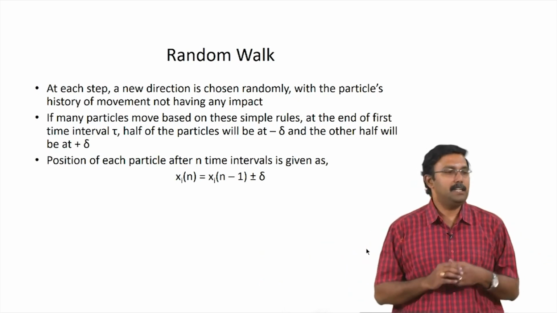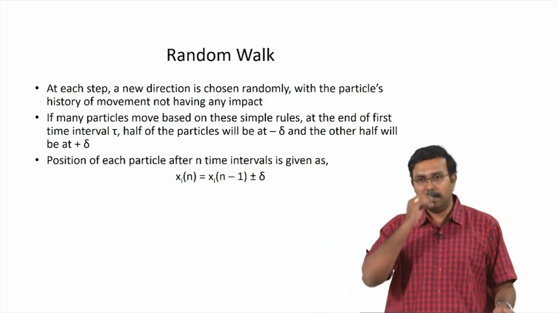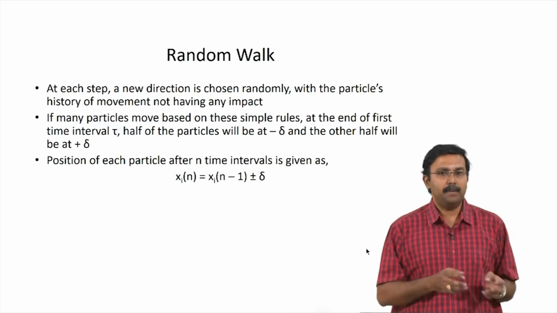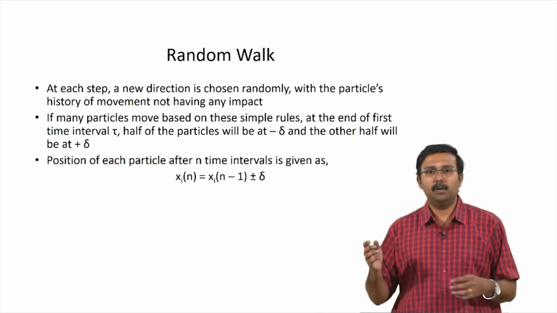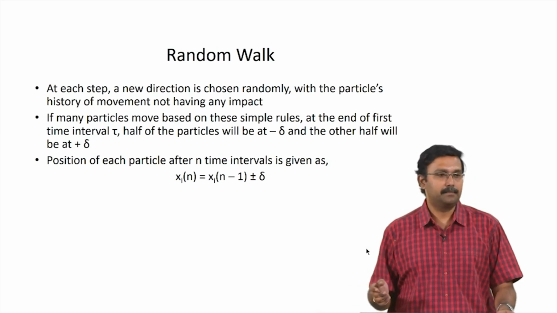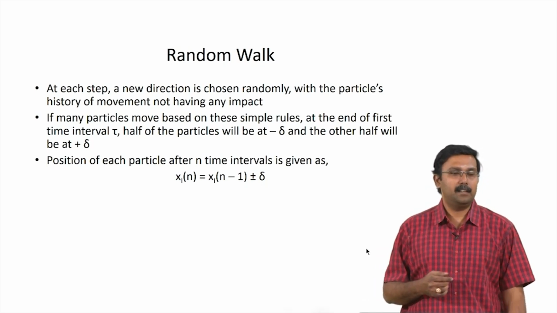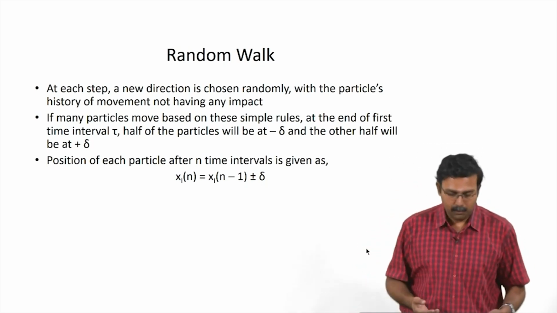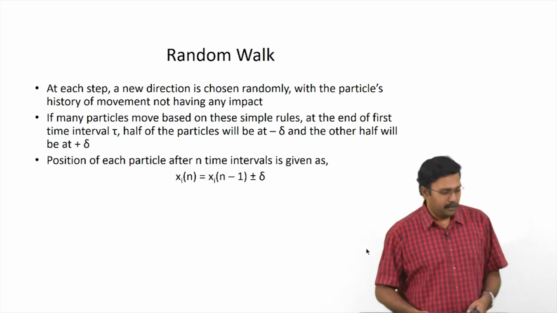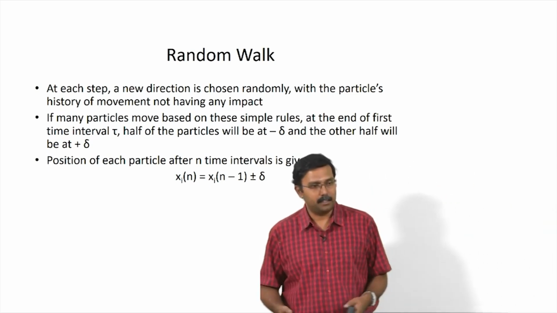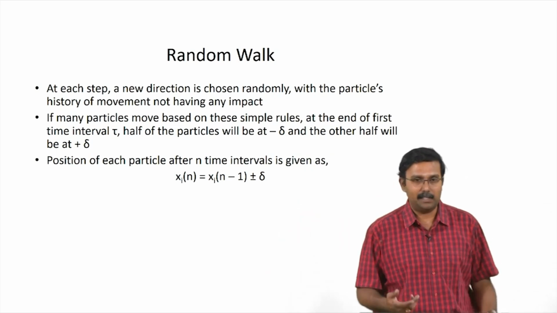The position of each particle after n time intervals can be given as x of n equals x of n minus 1 plus or minus delta, right. That would basically mean that at n minus 1 this is my position, and it could be either this or this. Those are the positions I can be in after one step.